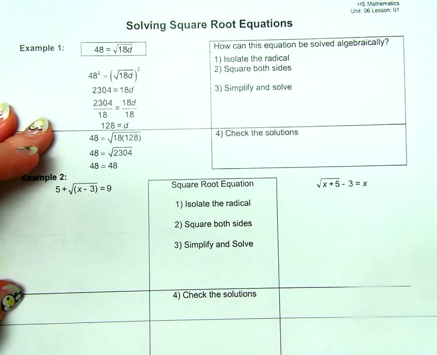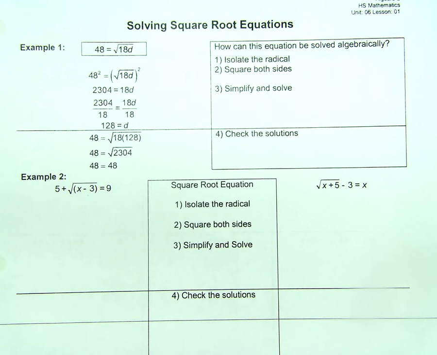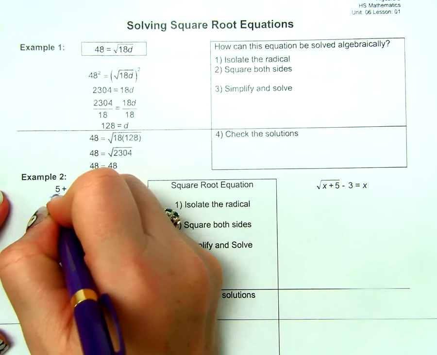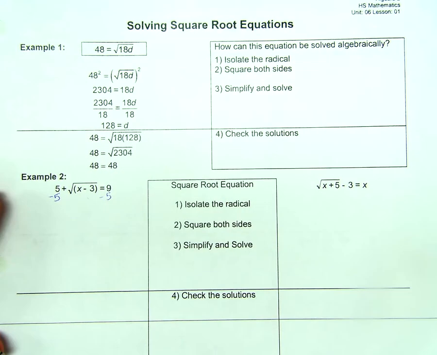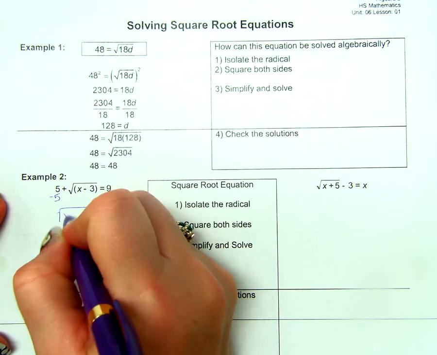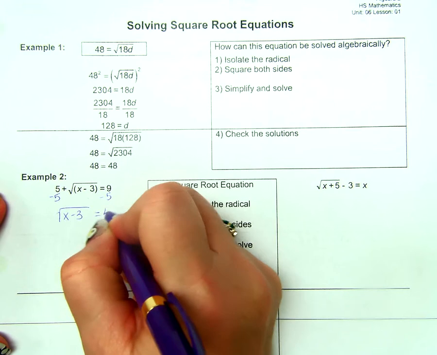How is that really different than what we have right here? We can't do anything to this radical until we get everything away from it. So before we can go on to anything else, we've got to subtract 5 first. Does that make sense? So we get the square root of x minus 3 equals 4.